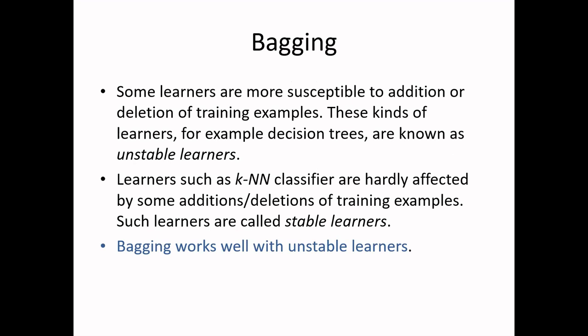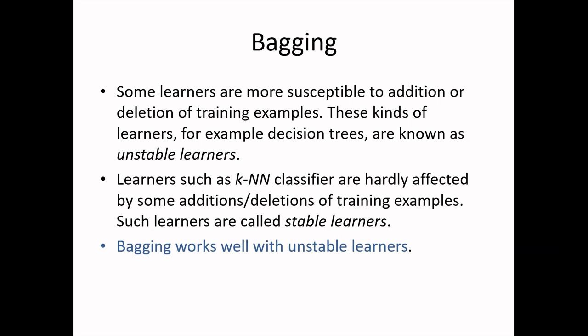Now, we mentioned weak learners, but we did not specify what kind of learners you really want. Let's look at the K nearest neighbor classifier. Even if you remove a few examples from the training set, its performance isn't going to change much, because it is looking at all the examples, trying to find the closest ones.